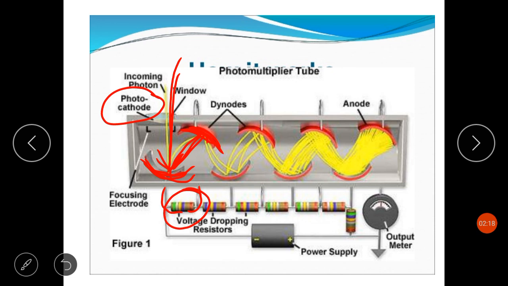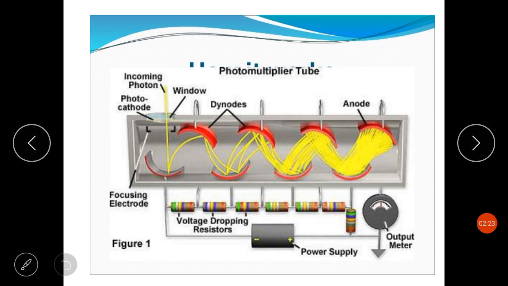So what is happening here? Suppose on the striking of the incoming light on this photosensitive cathode, one electron gets emitted out. This one electron emitted from the photosensitive cathode is called the primary electron.